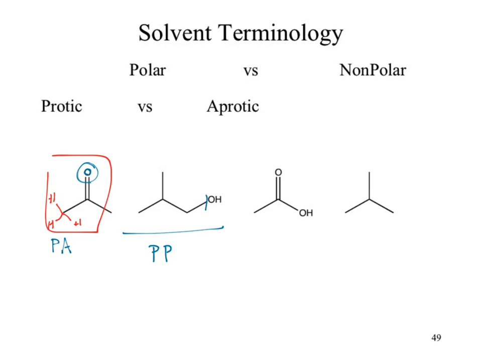Polar protic, because we see the OH should immediately be a tip-off. Okay, the next one. OH is immediately a tip-off. We have polar protic. Last one. Nonpolar aprotic.